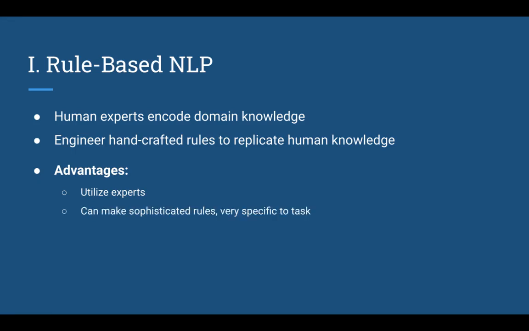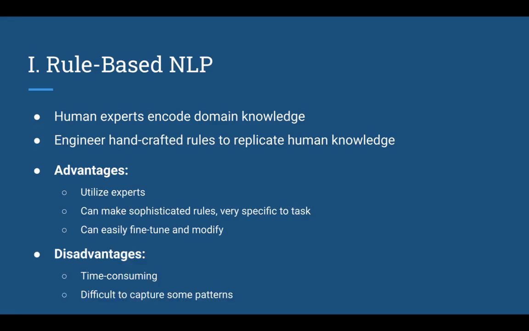So you can get really rich and sophisticated rules. And you can extract really specific information because you can have a human sit down and define exactly what it is you're looking for. You can also really easily fine-tune and modify it. So if you find that one rule is maybe incomplete or doesn't work in a certain situation, you have some control over that and you can modify the way that it's extracting information.